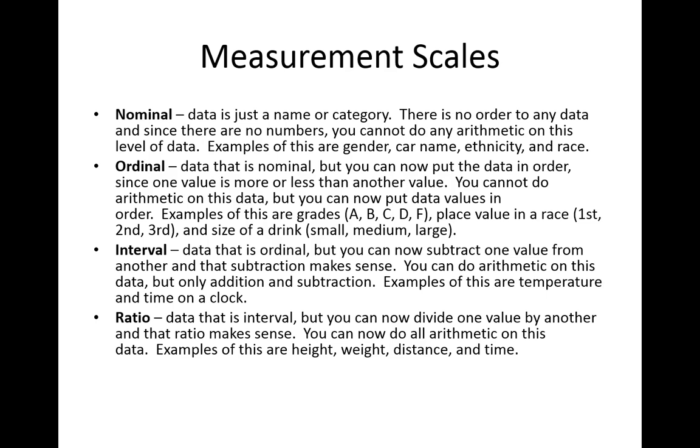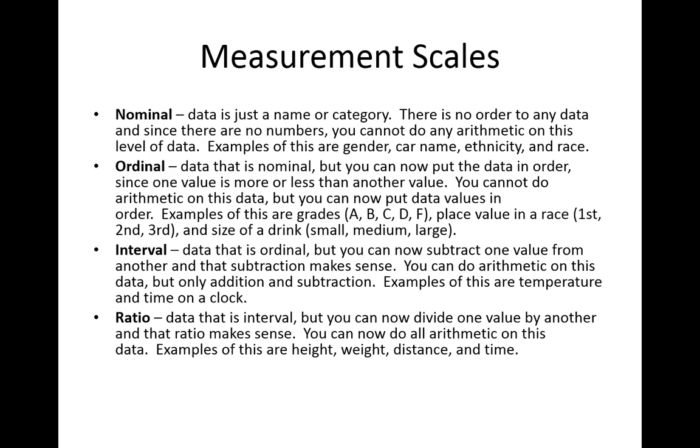It's not counting or measuring something, it's just describing it. There is no order to the data, and since there are no numbers, you cannot do any arithmetic on this level of data. Examples of this are gender, car name, ethnicity, and race. So car name, for example, if you have a subset of cars in a parking lot that you're interested in, you would look to see what the make is.